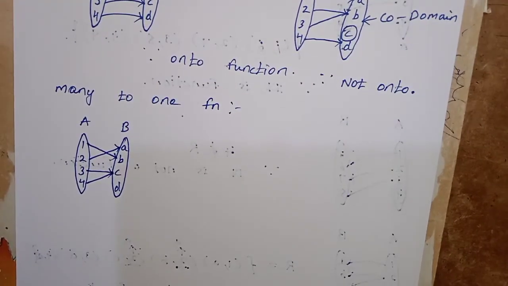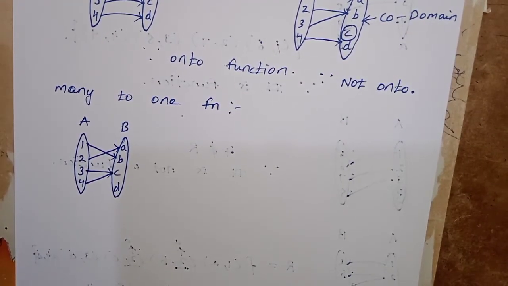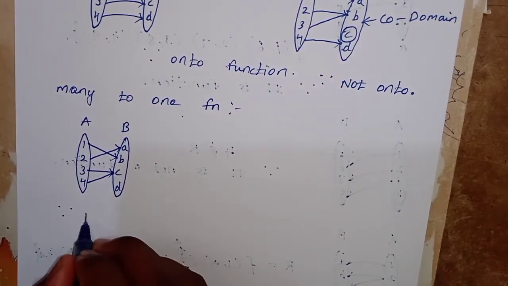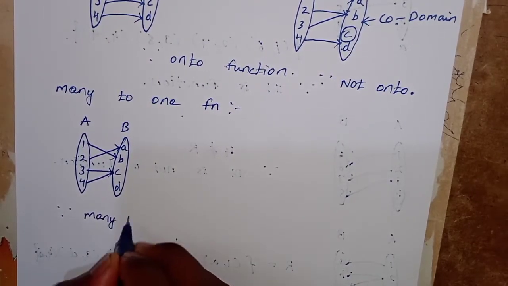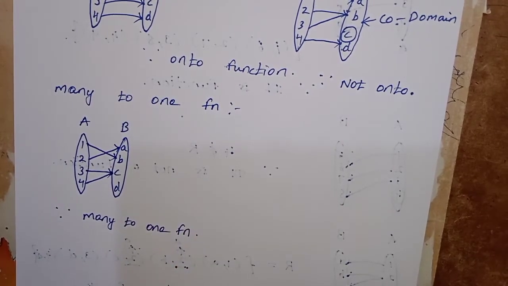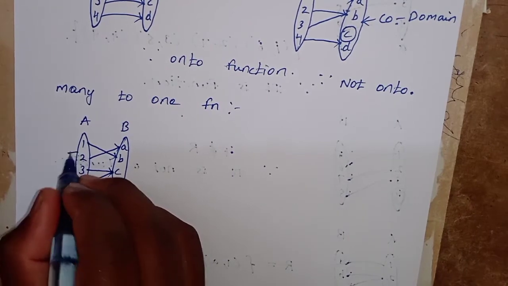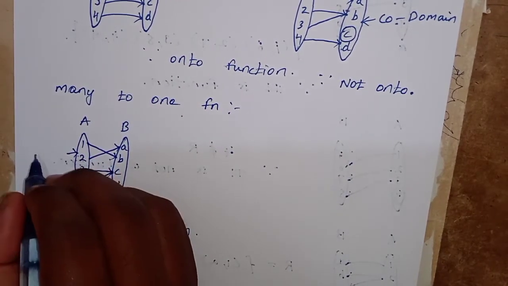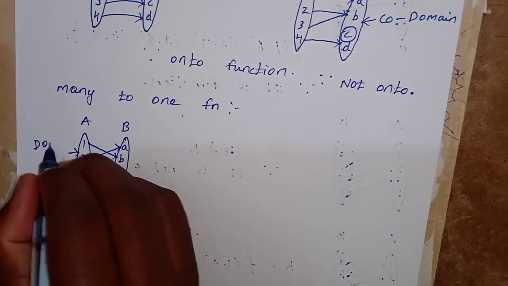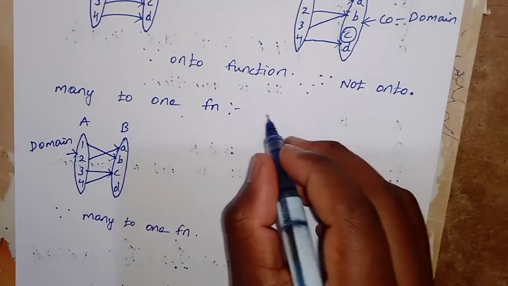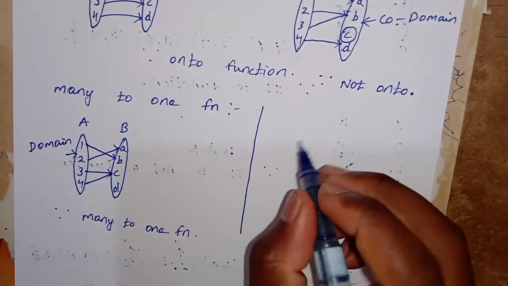I hope you understood. Therefore you should write many to one function. While checking one-one or many to one, you have to see the domain only.